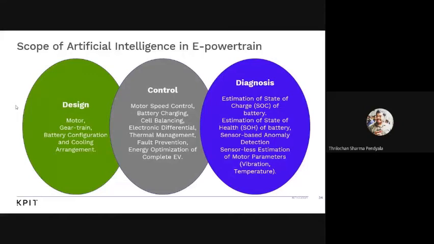Coming to diagnosis, coming back to the same example, the failure of a motor might have various reasons. The temperature might be spiking at times.